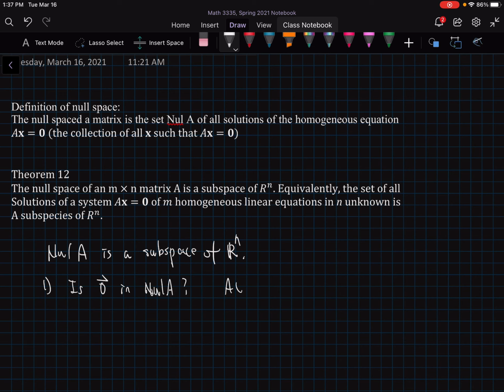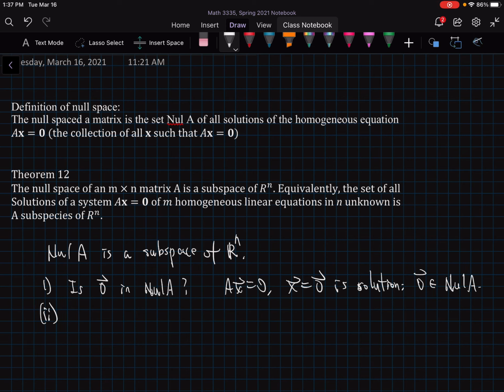Obviously, Ax = 0, x = 0 is a solution. So the 0 vector is an element of the null space.